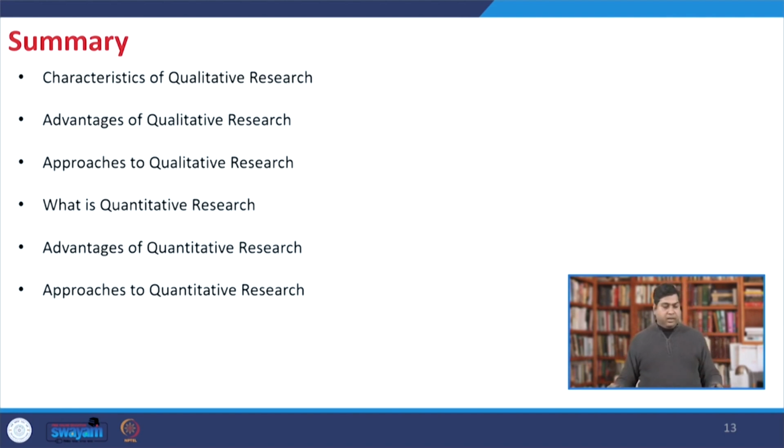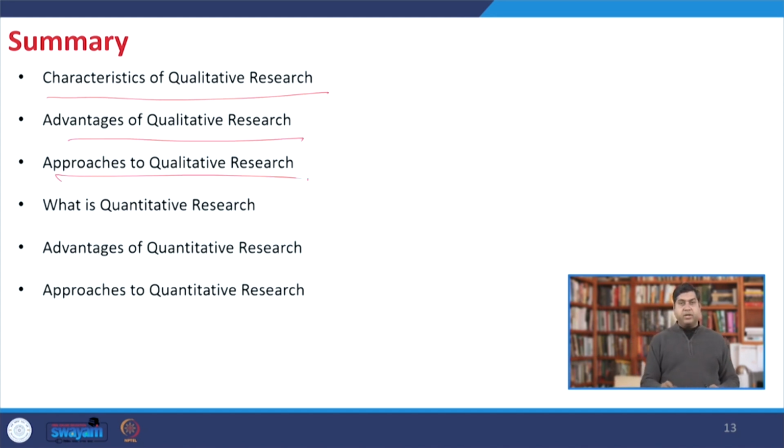With that, we are summarizing today's lecture. Here we understood the different characteristics of qualitative research, its advantages, and different approaches like grounded theory, ethnographic, focus group discussion, case study method, etc. Similarly, we also understood what quantitative research is and its advantage, that there is much more trust in this approach because it quantifies the results.